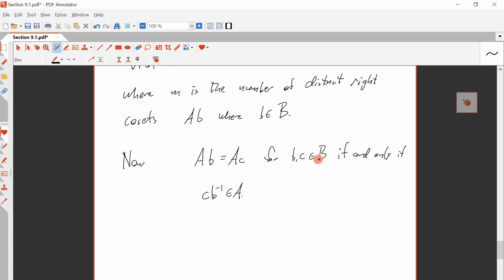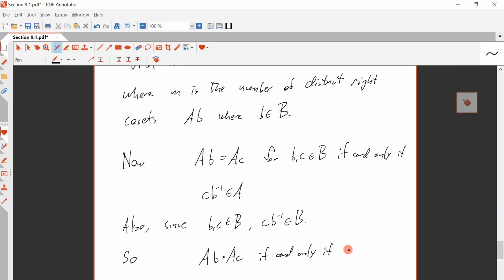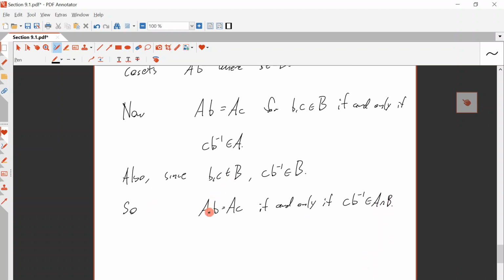Well, b and c were already in B, so since b and c are in B, cb inverse is not just in A, it's also in B. So Ab equals Ac if and only if cb inverse is an element of A intersect B. Ab equals Ac for two elements b and c in B if and only if cb inverse is in A. That's just the rule for cosets.